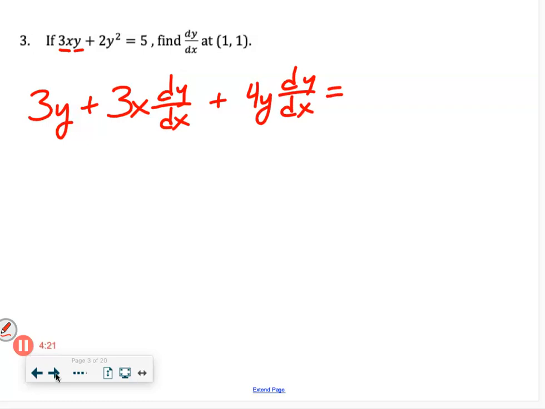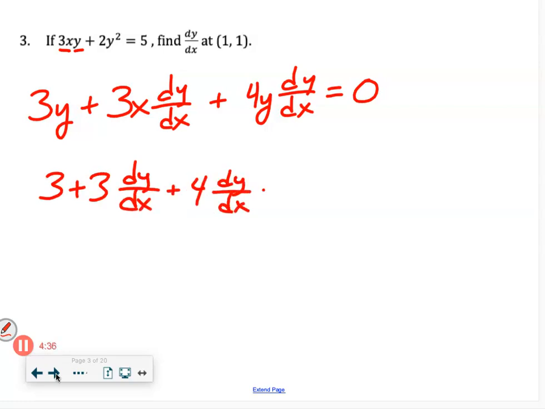Derivative of 5? 0. Plug in your point right away, right? x is 1, y is 1, so much easier. So dy dx at 1, 1 is negative 3 over 7.